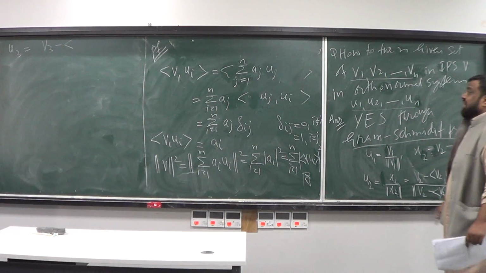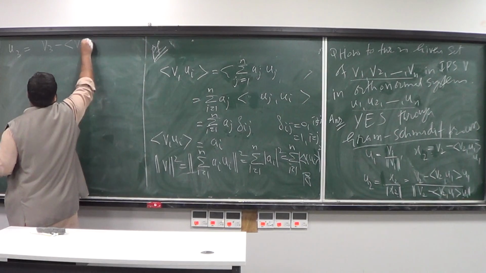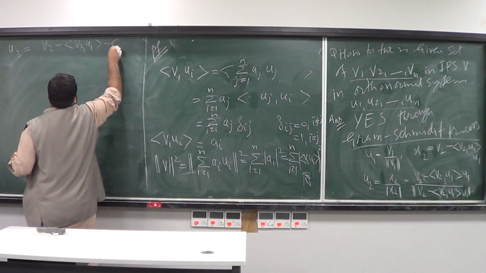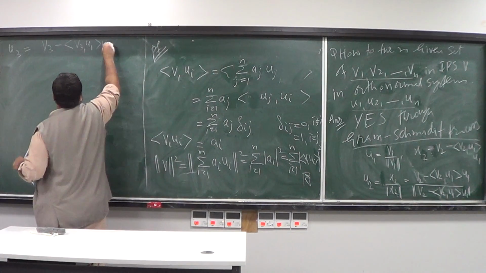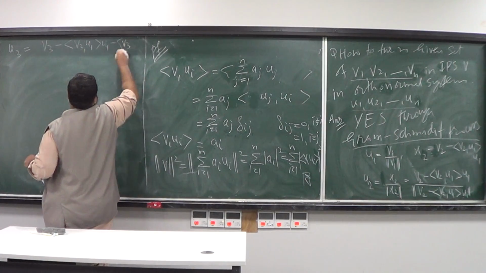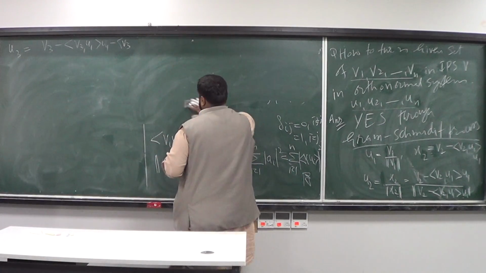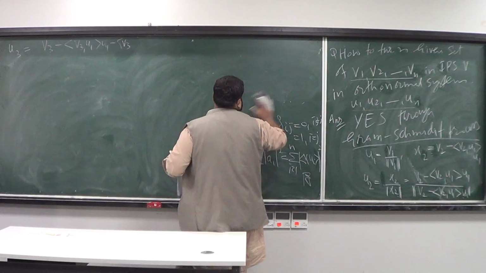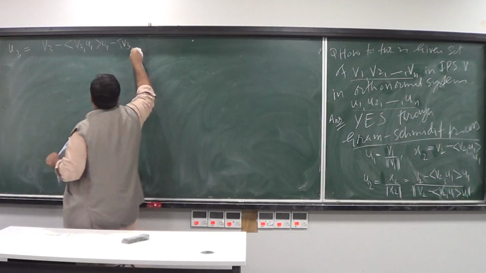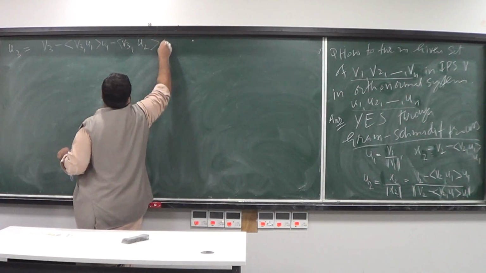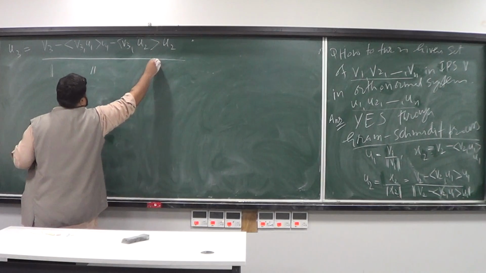Okay. Now what would be u3? u3 is going to be: take your v3, subtract its inner product with u1 times u1, and subtract its inner product with u2, which will be the coefficient of u2, and divide everything by the magnitude of the same vector that you have above.